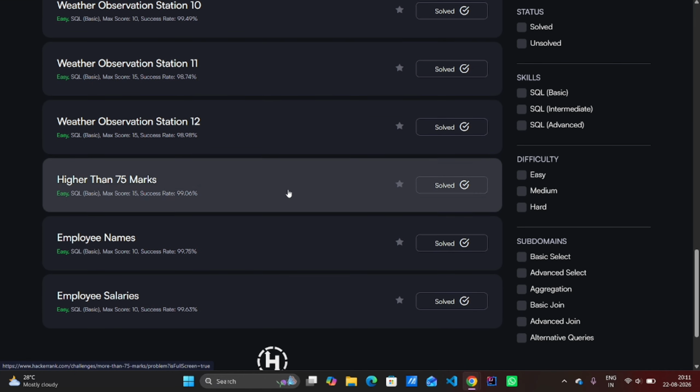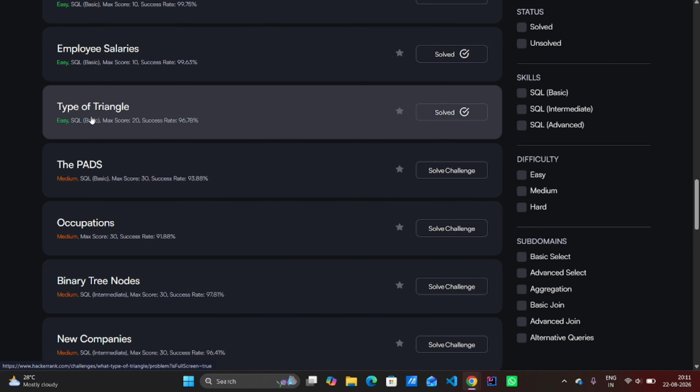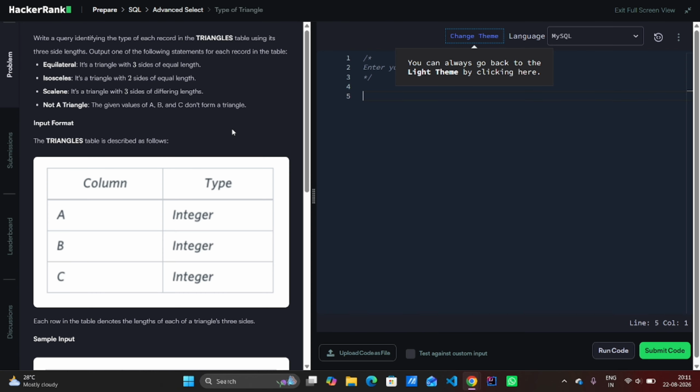And the next question is a really good one: type of triangle. The question says: write a query identifying the type of each record in the triangles table using its three side lengths. Output one of the following statements for each record in the table.